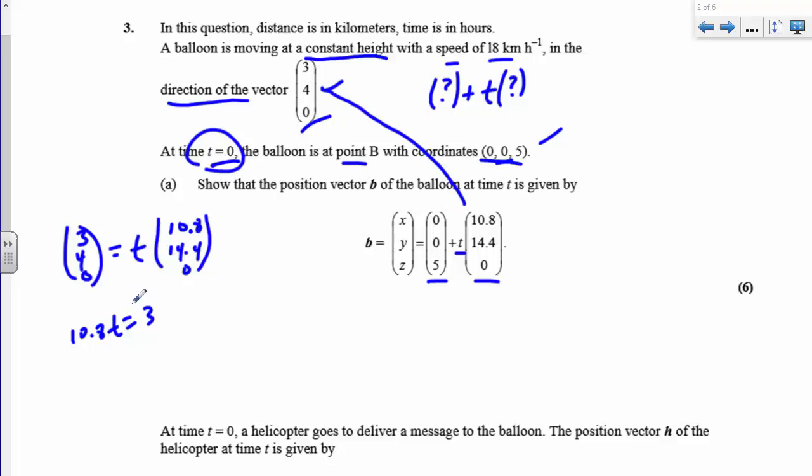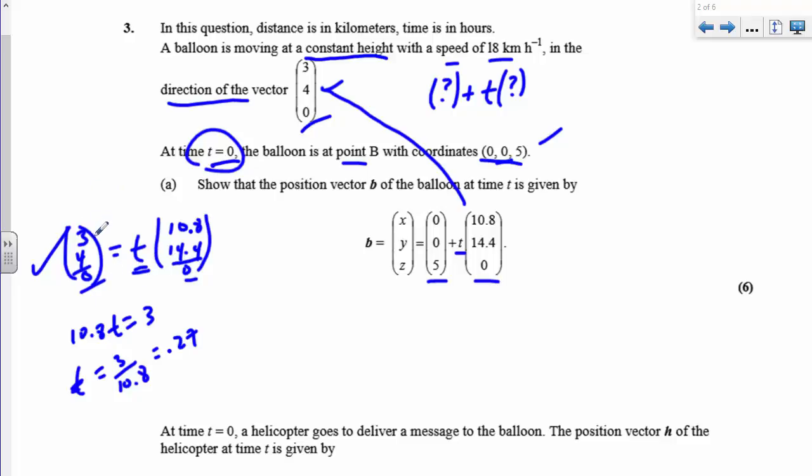So what I'm going to do then is prove this. I'm going to say, okay, t then is equal to 3 divided by 10.8. And that should be, I believe, 2.7, if I remember. Okay, and this should be true for the rest of them. Okay, if I multiply 14.4 times 2.7, it should give me 4. All right, and then 0, of course, times 2.7 is still 0.